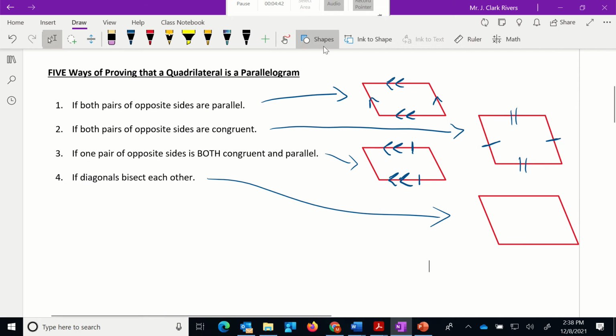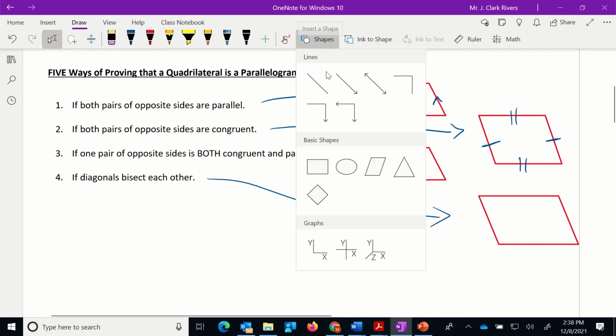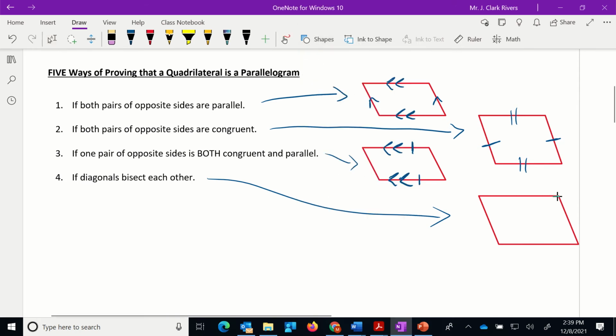Something like, I'm going to use my tool because I'm not great at freehanding the diagonals for some reason. Something like this. There, got it. And we'll do another one. Something like that. Let me fix this one up a little bit. There we go. All right, so there's our diagonals.